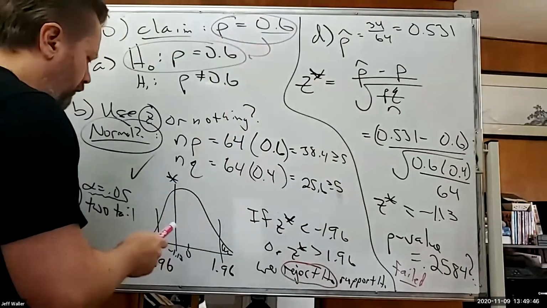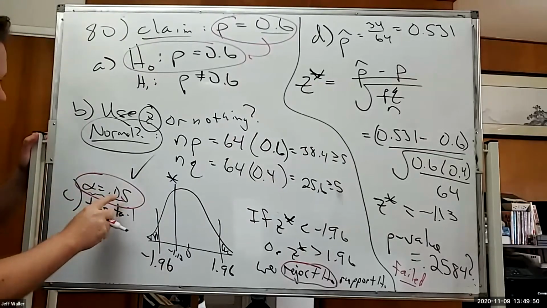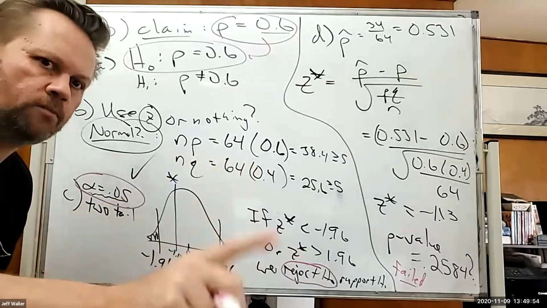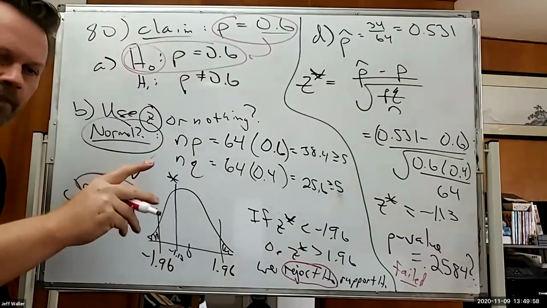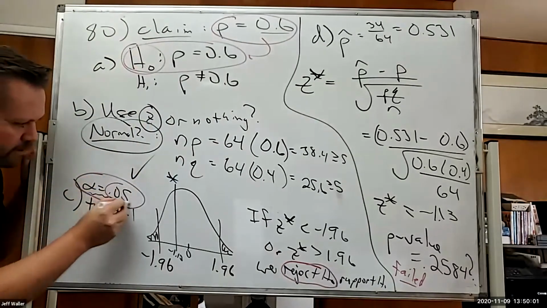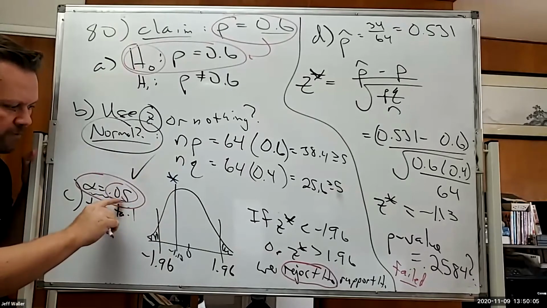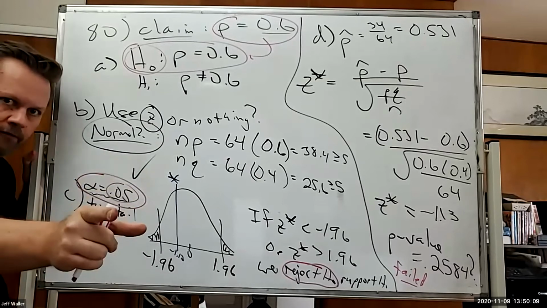Another way to look at alpha is as a threshold. The smaller the p-value, the more evidence against the null. So this is the threshold for what makes it small enough. If our p-value had been less than 0.05, then we would have rejected the null.